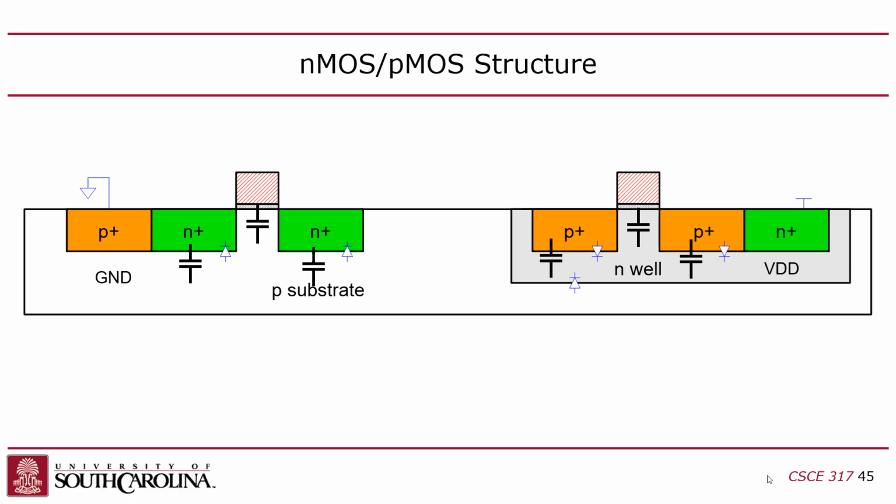And I mentioned that the source and drain create reverse biased diodes between the source and drain and the substrate. So in the case of an NMOS, the substrate is grounded and the source and drain are not grounded, right? And so there's a reverse bias. It causes no current to flow from the source and drain into the substrate.